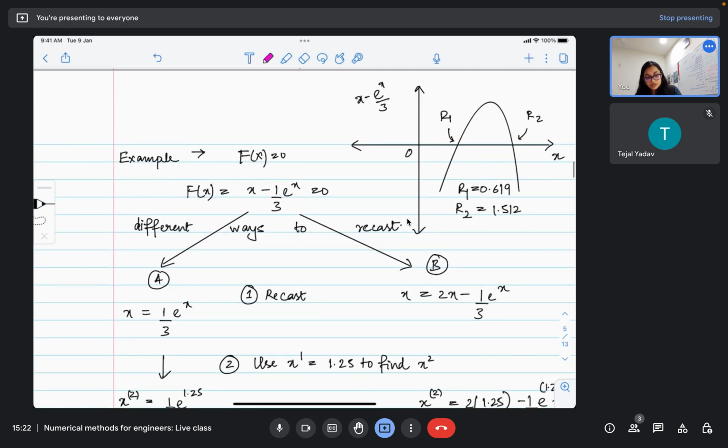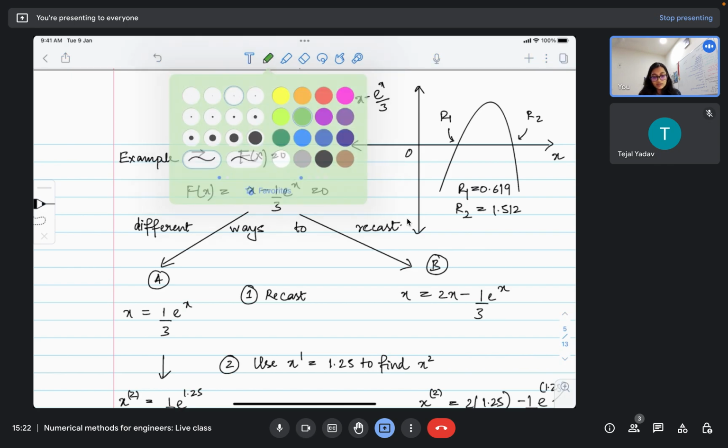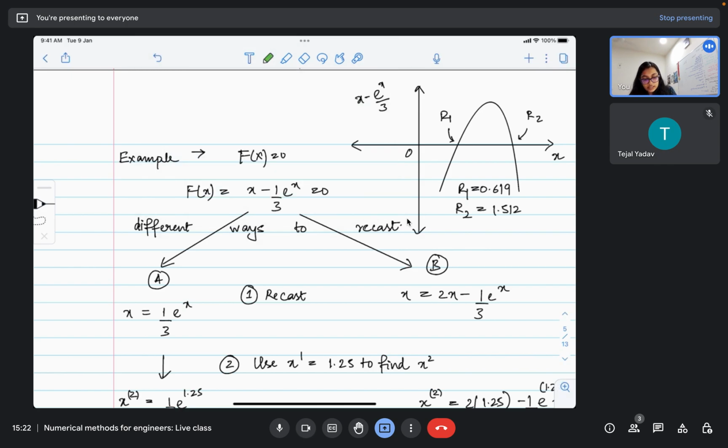Okay. So let's take a general form of the function, that is f of x equal to 0. And let's take a specific example, let the function be in the form of x minus 1 by 3 e to the power x equal to 0. Okay. So our first step is to recast.